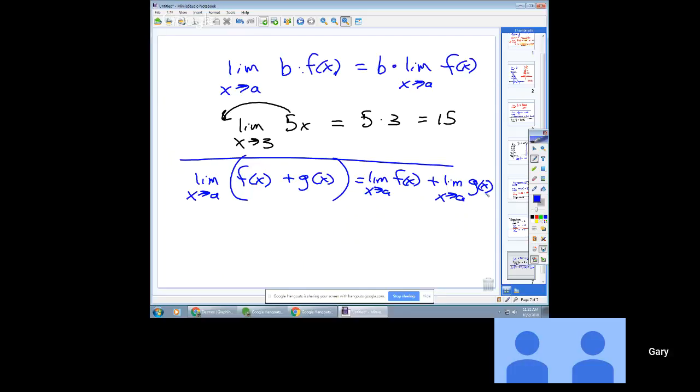There's one catch here. The catch is that both of these limits have to exist. Right? If they don't exist, how can you add two things that don't exist? Can't do that. Weird stuff happens. So this is provided these limits exist. So that's super important.